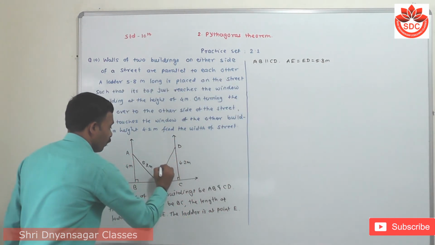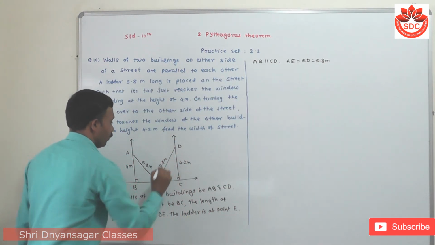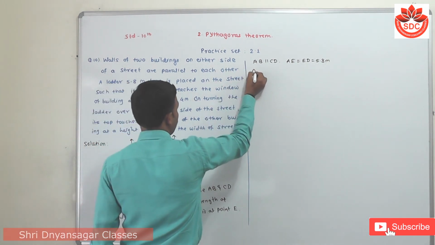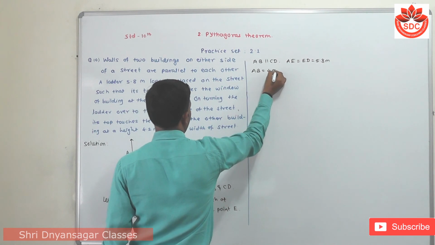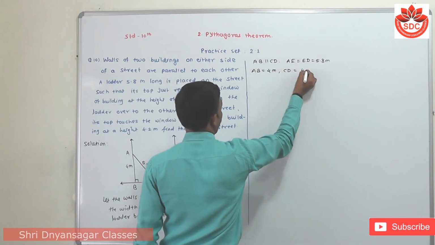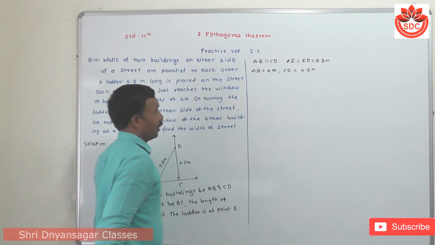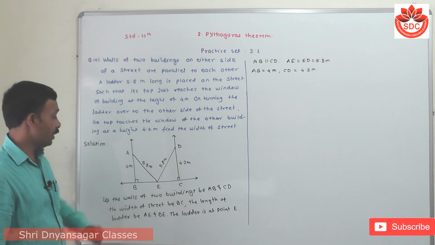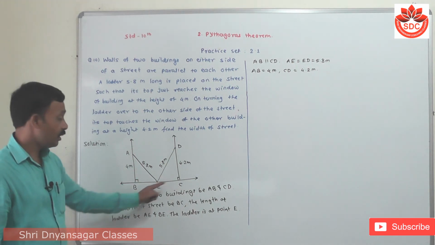Here it is also 5.8 meter because there is one ladder. Then AB is equal to 4 meter. Then CD is equal to how much? 4.2 meter. Okay. Now AB is parallel with CD, which means that they are perpendicular to the street.